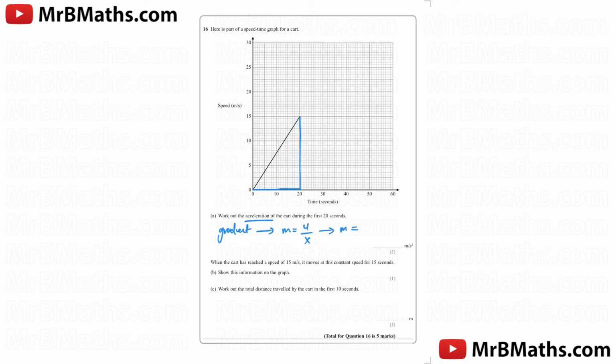So m equals, so y being the height, so we've got 15 here, and then we've got x value of 20. So it's 15 over 20. And putting that into our calculator, we get an acceleration of 0.75 meters per second squared.